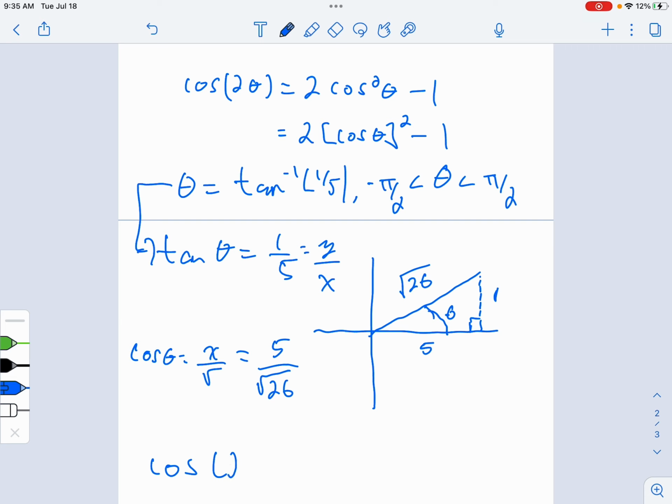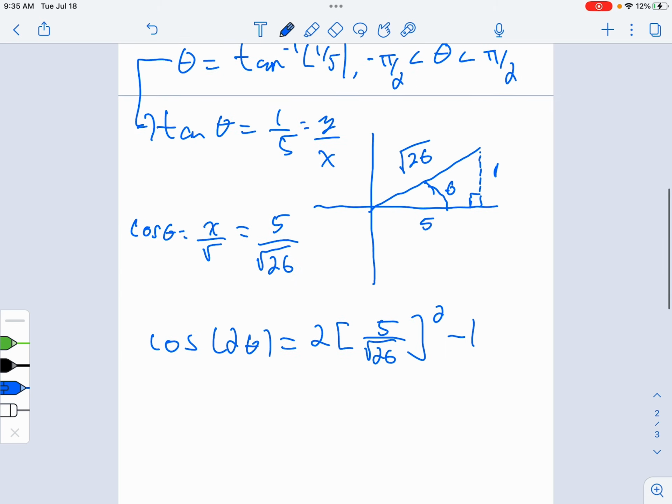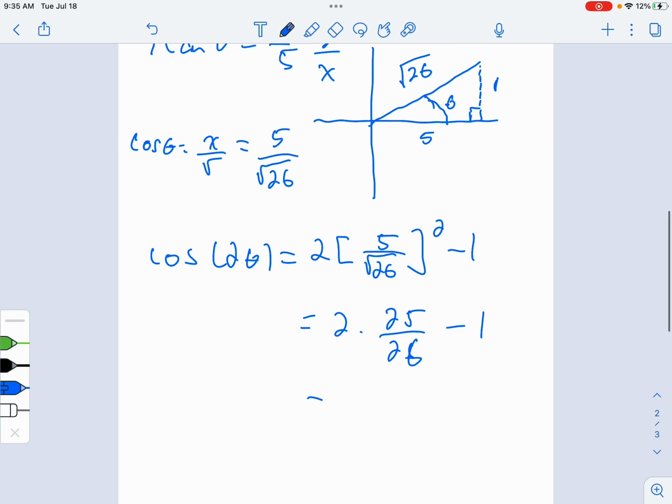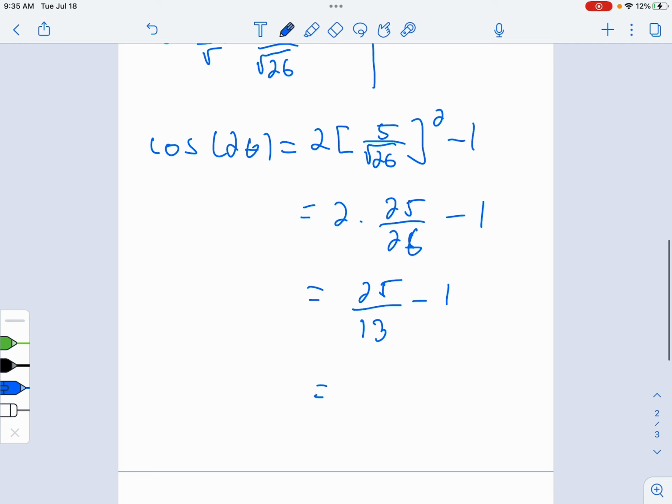So cosine 2 theta would equal 2 times (5 over root 26) squared minus 1. So it's 2 times 25 over 26 minus 1. 2 goes into 26 13 times, and you get 12 over 13 total.